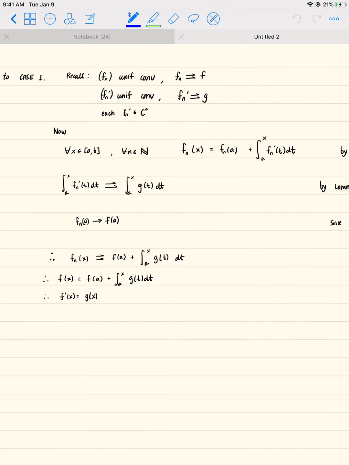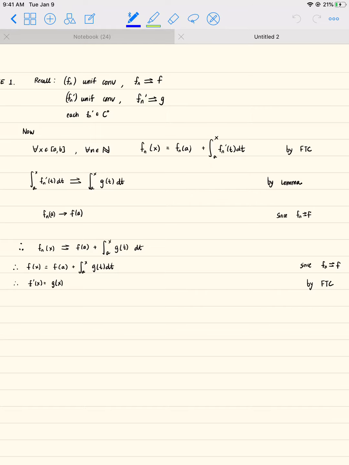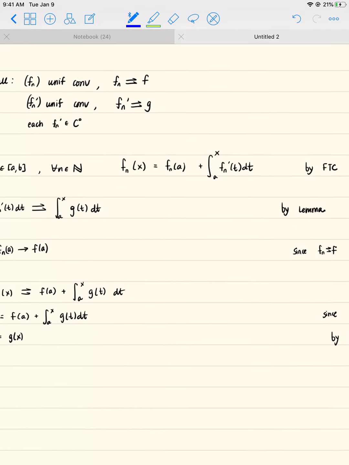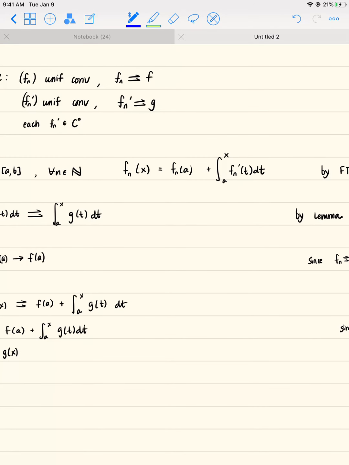Remember, our entire goal is to prove the theorem that tells us how uniform convergence preserves differentiation. Okay, and we said we're going to split it up into 2 cases. Case 1 is assume that your derivatives are actually continuous. Okay, if your derivatives are continuous, then we've got the following things that are true. First, for each x, by the fundamental theorem of calculus, we can write fn of x is equal to fn of a plus the indefinite integral of fn prime.